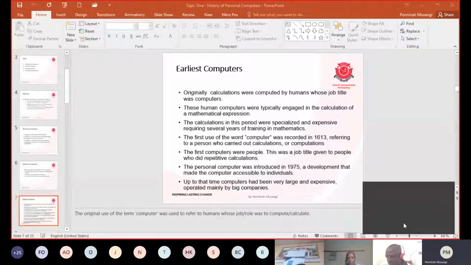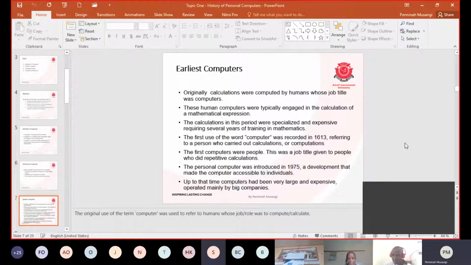Before this time, 1975, computers were very large and very expensive, and they were solely owned and operated by big companies. So you could not find persons owning computers, and therefore they were generally known as computers because they were only for big companies. But when the time came that computers could be afforded by human beings, that they could buy and own, then the word personal computers was introduced.